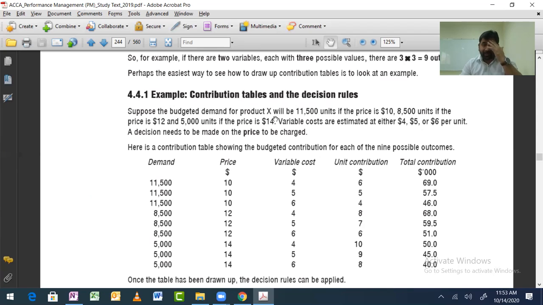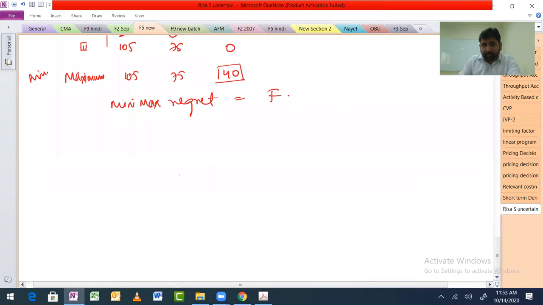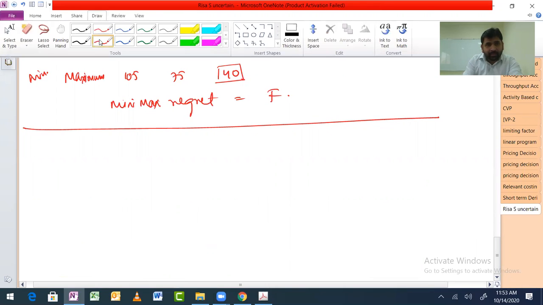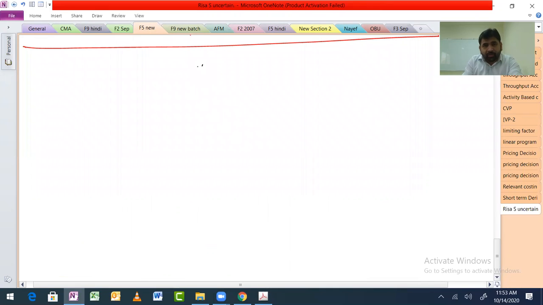Now in this question you will find the problem is that without a payoff table you cannot start your work, right? You need the payoff table. For a payoff table you need to know what is the choice and what is the scenario. Remember, what is in your control and which part of this you cannot control.